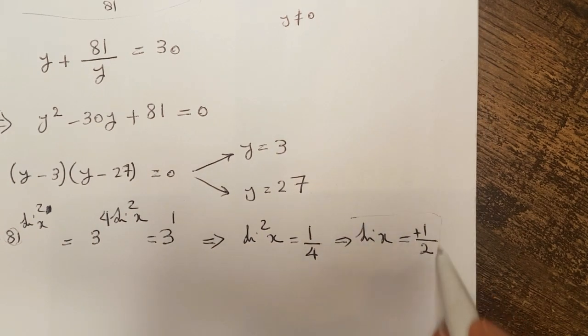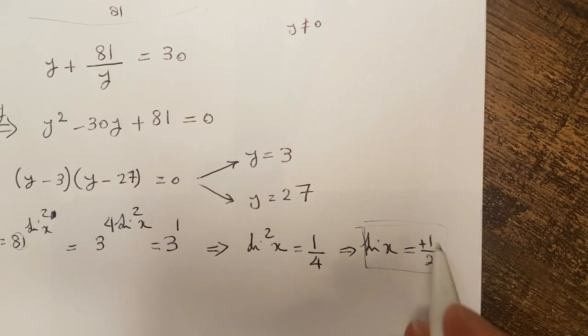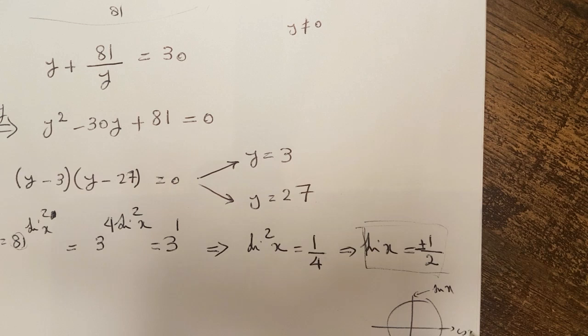So we need to find all the solutions of x that will have sine of x plus minus 1 over 2 within 0 and 2 pi. If we just use the unit circle, so this is sine of x and this is cosine of x.